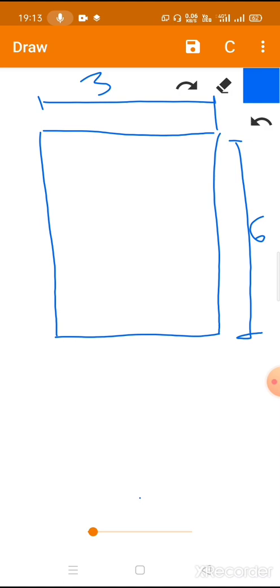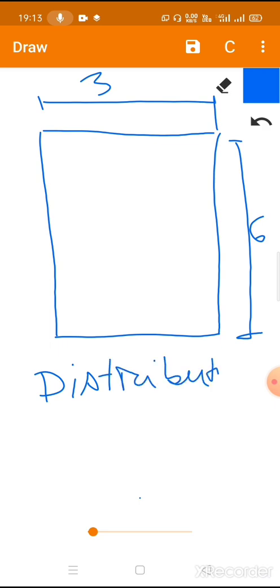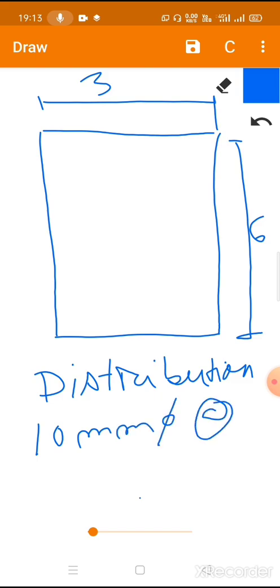And the reinforcement which will be provided in the longer direction is called distribution reinforcement. And distribution reinforcement is provided as 10 millimeter diameter bars at the rate of, suppose, 120 millimeter center to center.